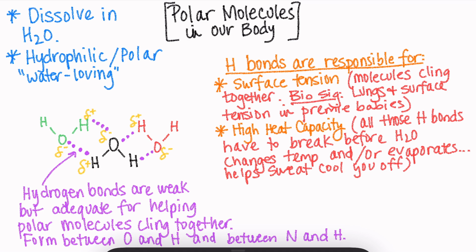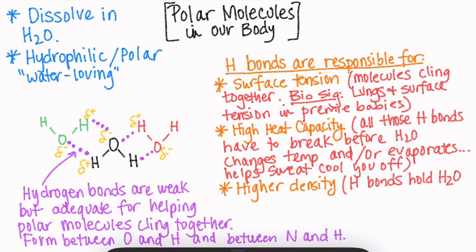As it evaporates, the hydrogen bonds of water cause it to have a higher density than most liquids. And that's because, as I mentioned, those hydrogen bonds help hold the water together. What this ends up doing is it makes water a good cushion because it's a little bit denser.